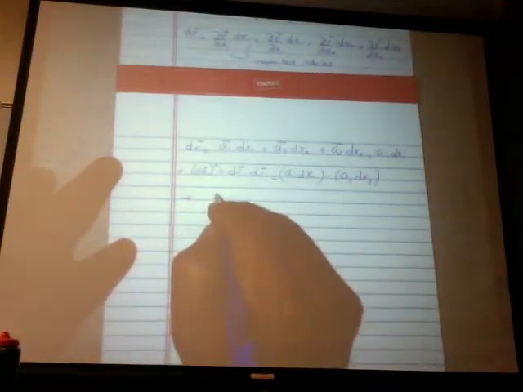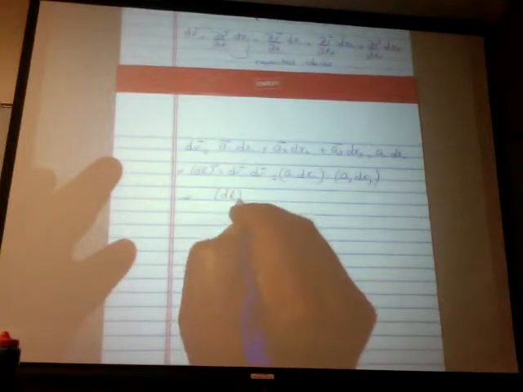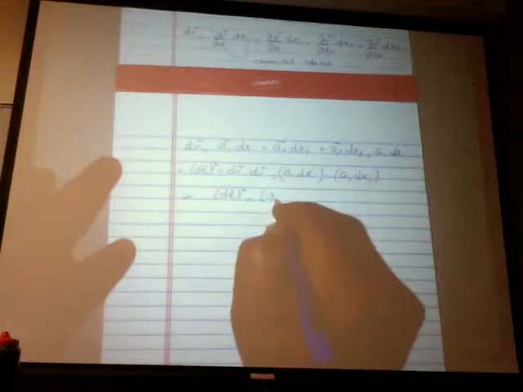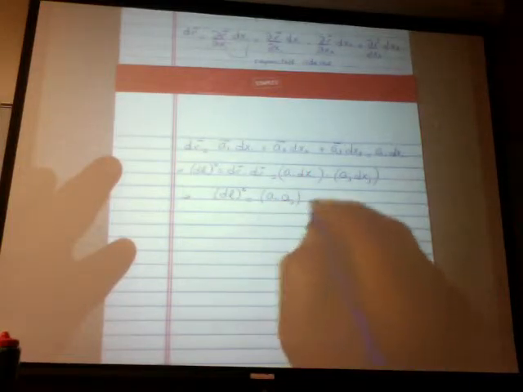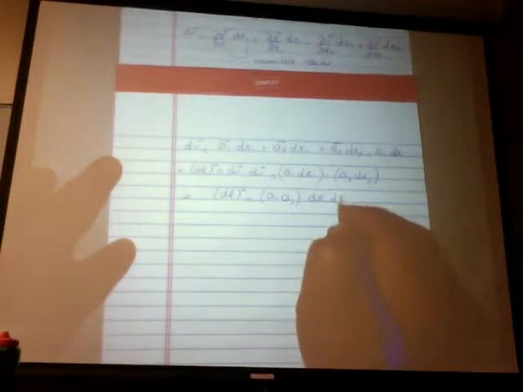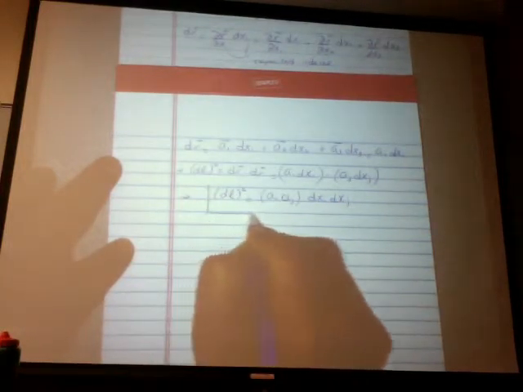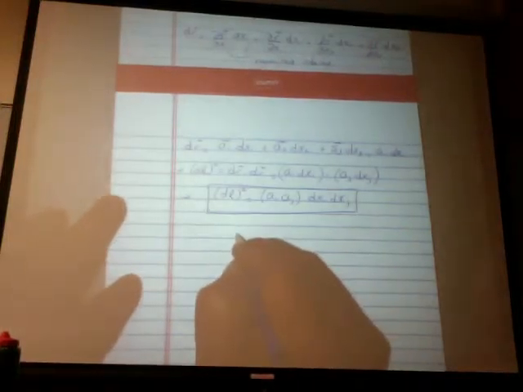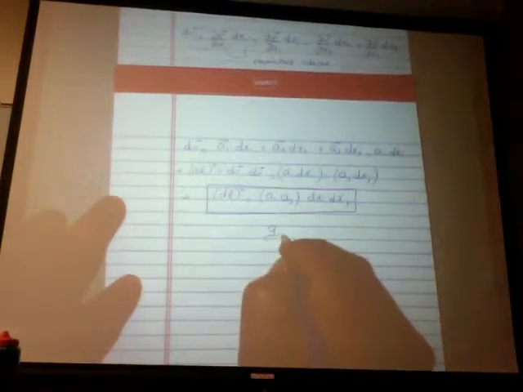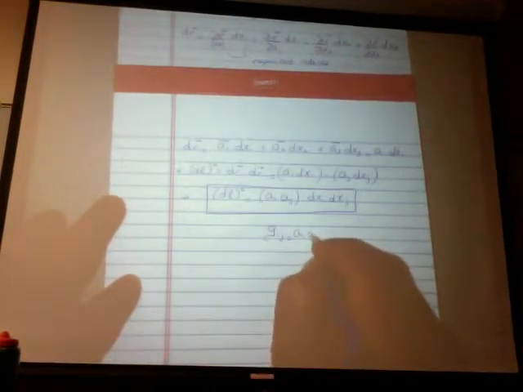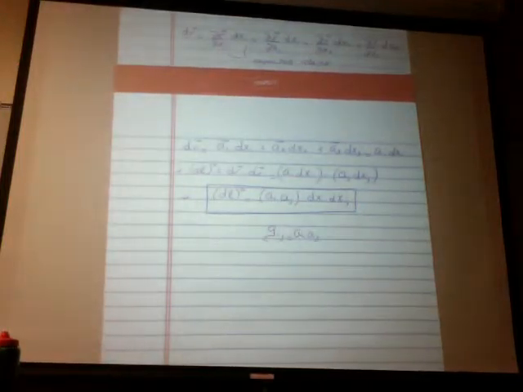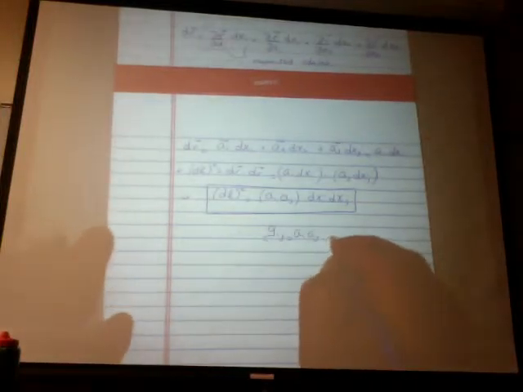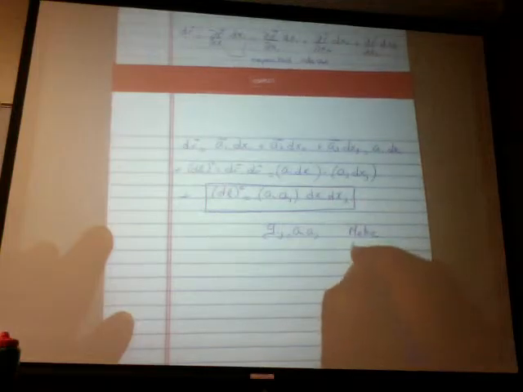And therefore, dl squared is equal to Ai Aj times dxi dxj, such that this term here, Ai Aj, which does not imply summation because it's not the same index, it's just a two-dimensional tensor, is called a metric tensor.